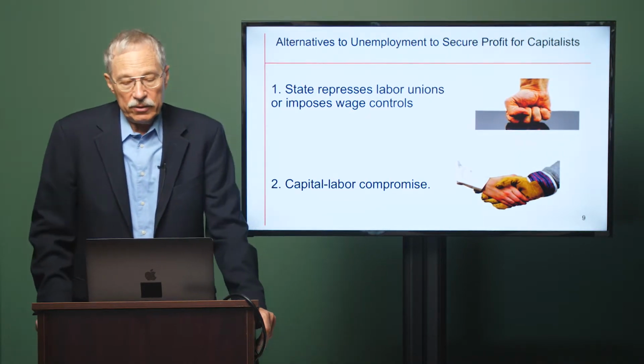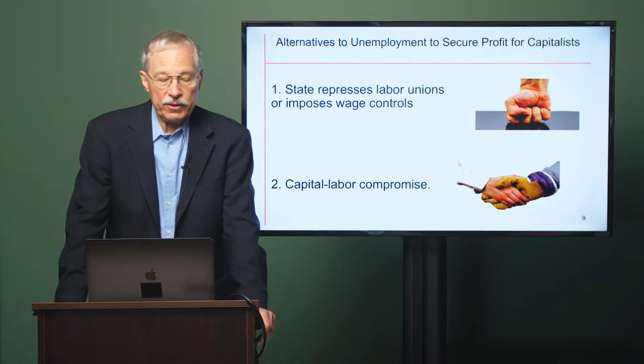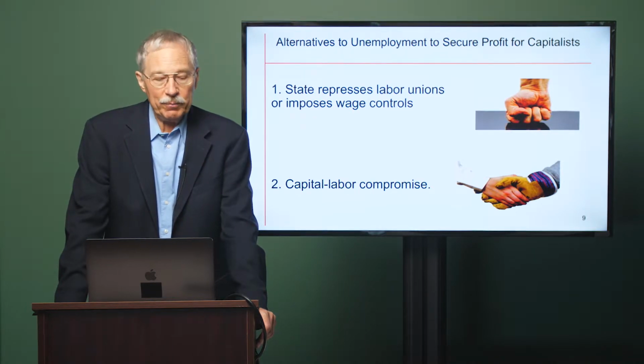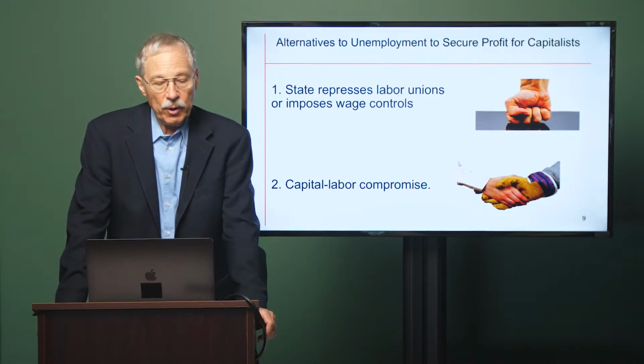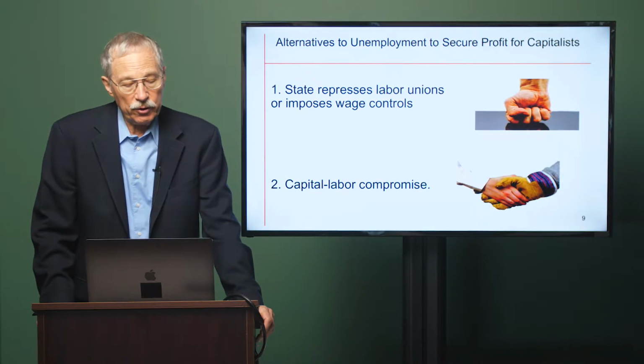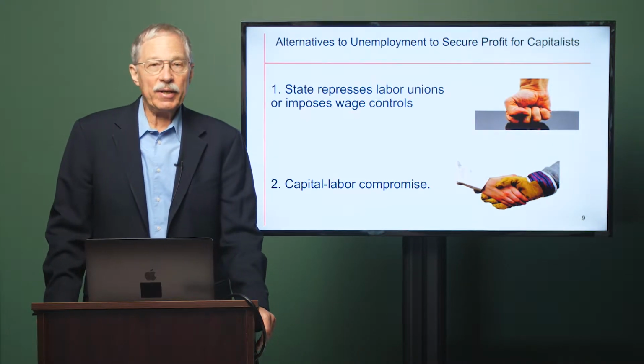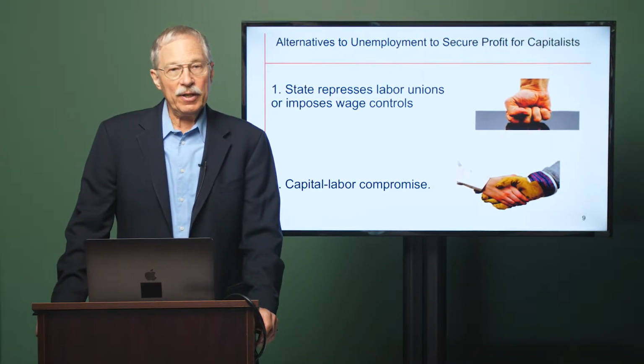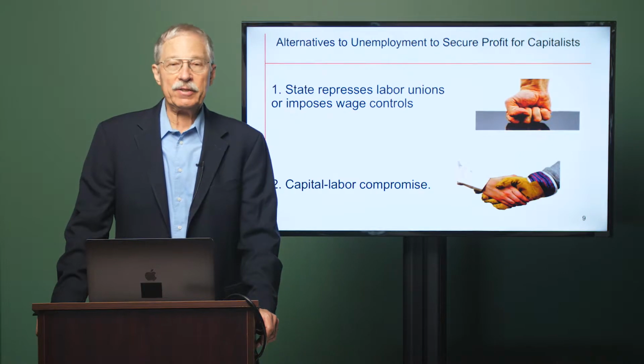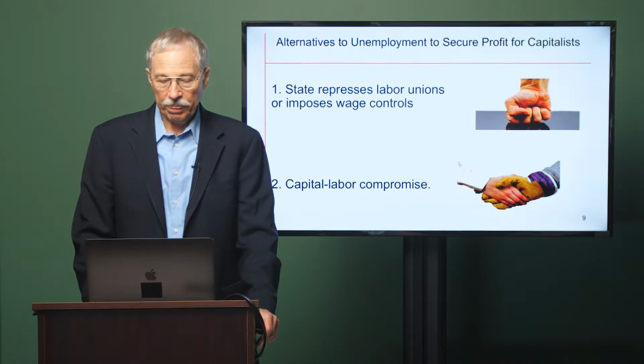Another means of securing profits is what's known as capital-labor compromise. This occurs when employers and workers' organizations agree about the rate of wage increases in a way that will be viewed both as acceptable to workers and acceptable to employers.